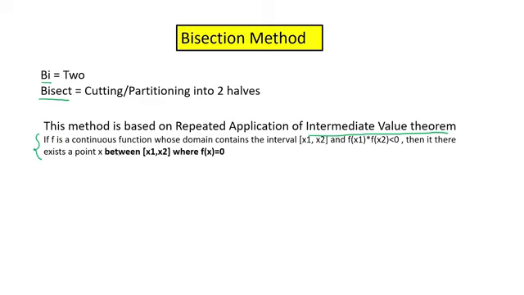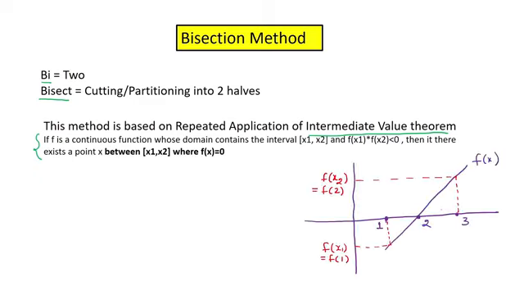These are the two-line description of the intermediate value theorem. Let's first understand it using an example. Here you can see I have drawn a function f(x) on the y-axis and the x-axis, and these are the points 1, 2, 3 on the x-axis. This theorem says if f is a continuous function, so this f(x) is a continuous function, you can take two points x1 and x2 on this x-axis.